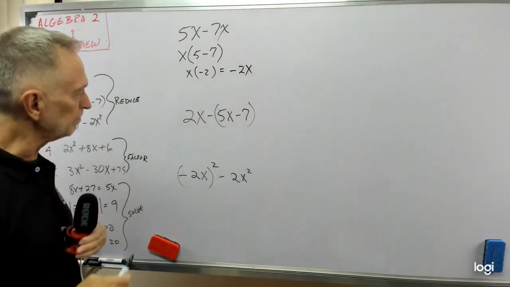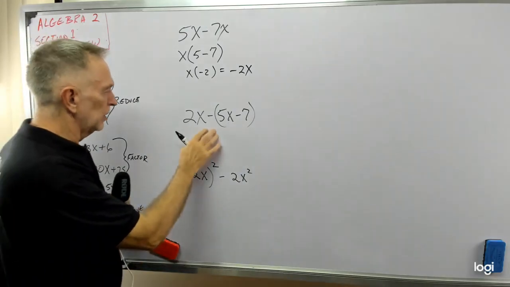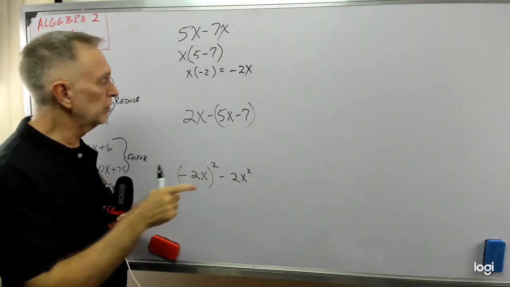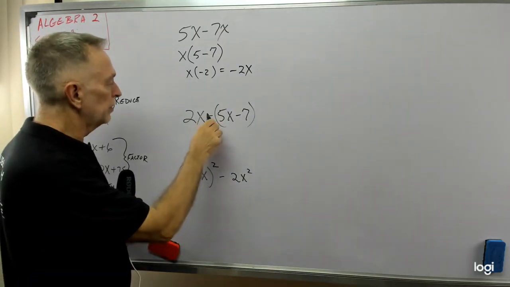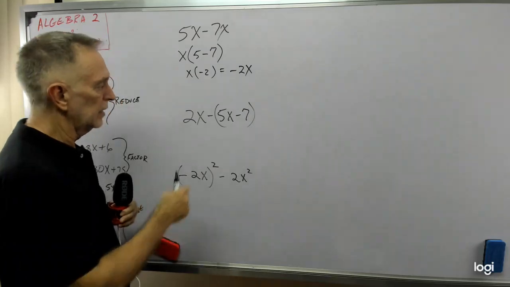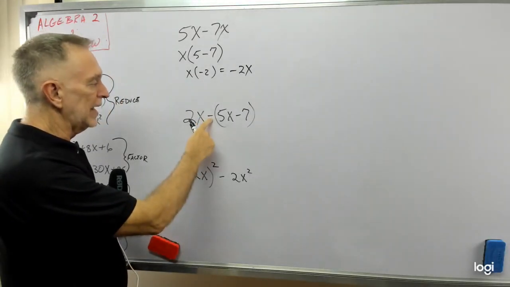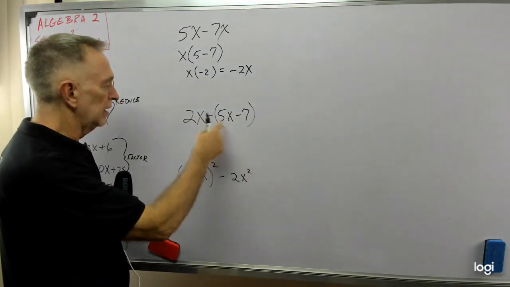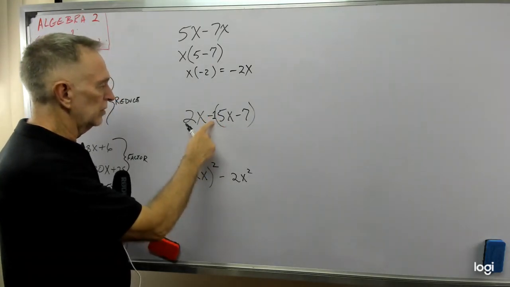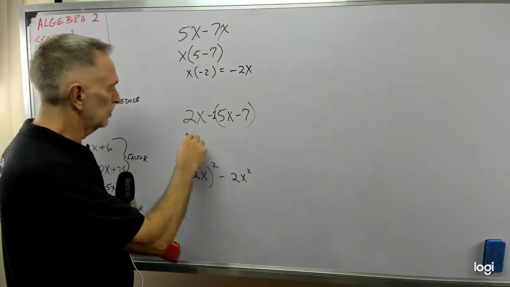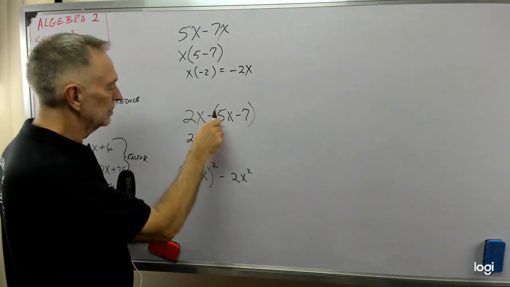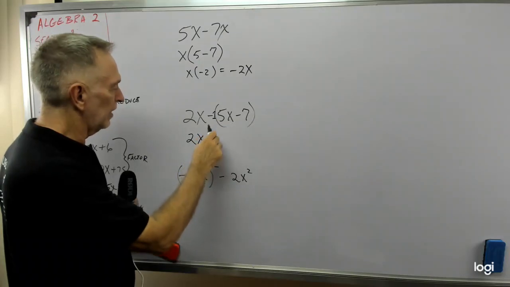Okay. What about this one? How would we reduce this? We also have a distributive rule here: if I want to take the parentheses away, I need to distribute the negative to the inside. So this is like a negative 1 sitting here. So a negative 1 times 2x, minus 1 times 5x.